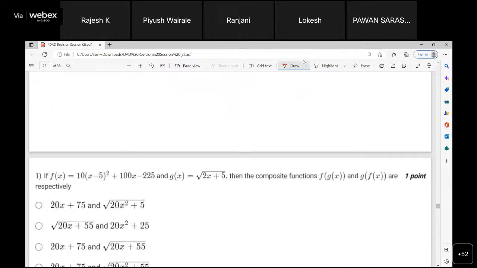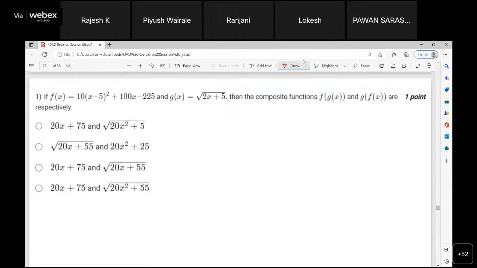So directly we go on to the question. This is f of x and this is g of x, and you need to find f of g of x. So what I am doing is, instead of x, I am replacing with g of x, right? Where this x is given, I will replace it with g of x. Here also it is g of x.